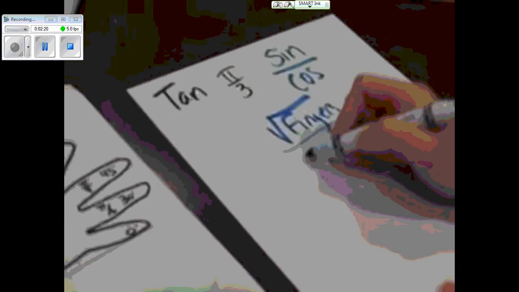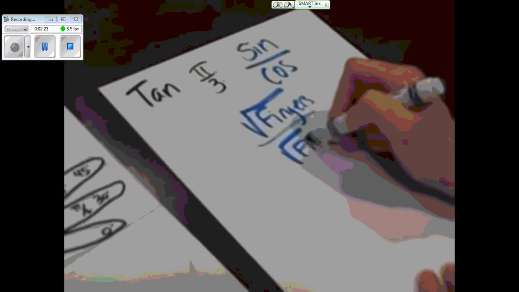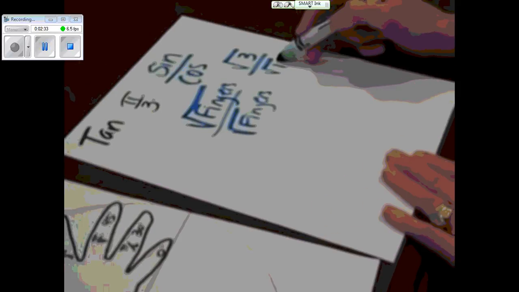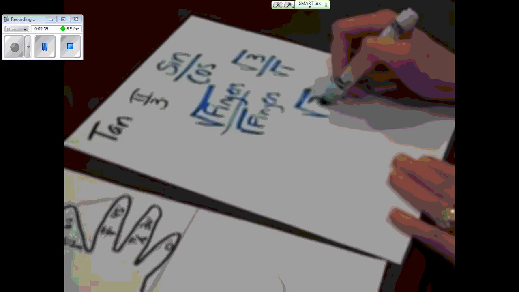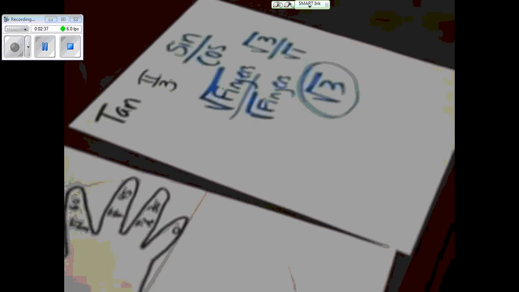So tangent is going to be root fingers over root fingers. When I flip my hands, I have root 3 over root 1, and we know that root 3 over root 1 reduces to root 3. Root 3 is your answer.